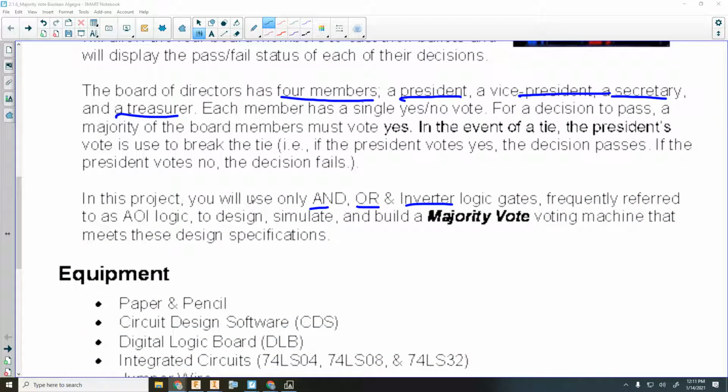So usually to get a majority, you have to have more people vote. For example, right now in the U.S. Senate, there are 50 Republicans, 48 Democrats, and 2 independent senators.